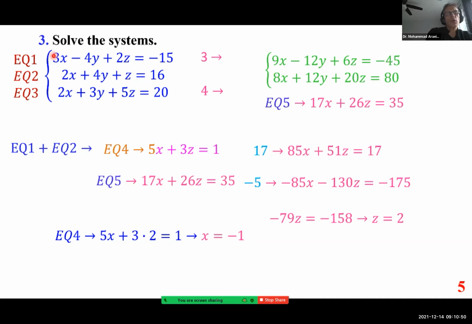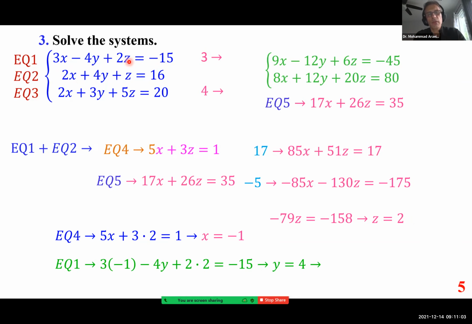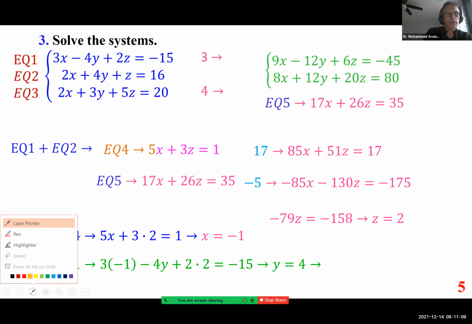Now we go either to equation 1, 2, or 3. One of the original equations, for example, the first one, replace the x with negative 1 and z with positive 2. So 3 times negative 1, this is negative 3.